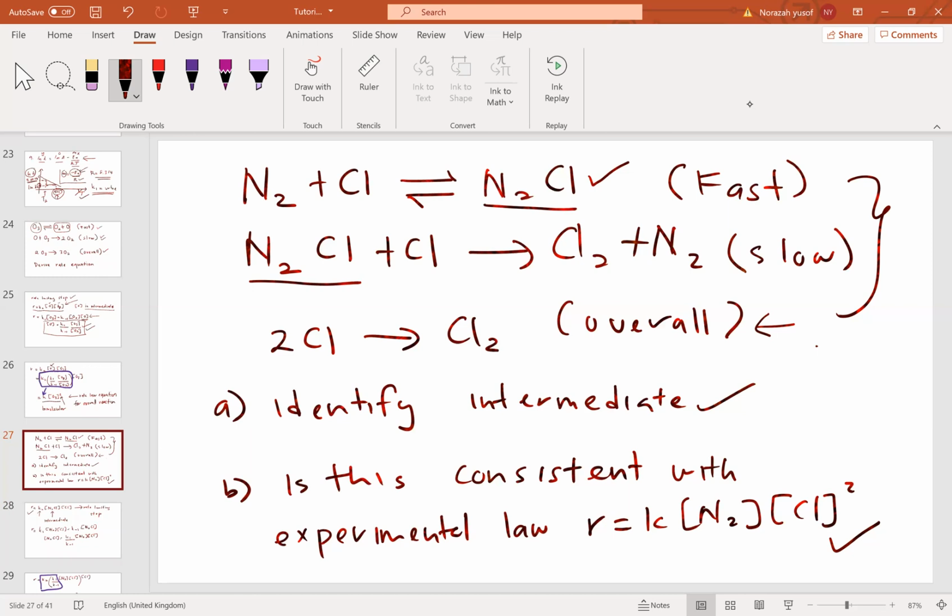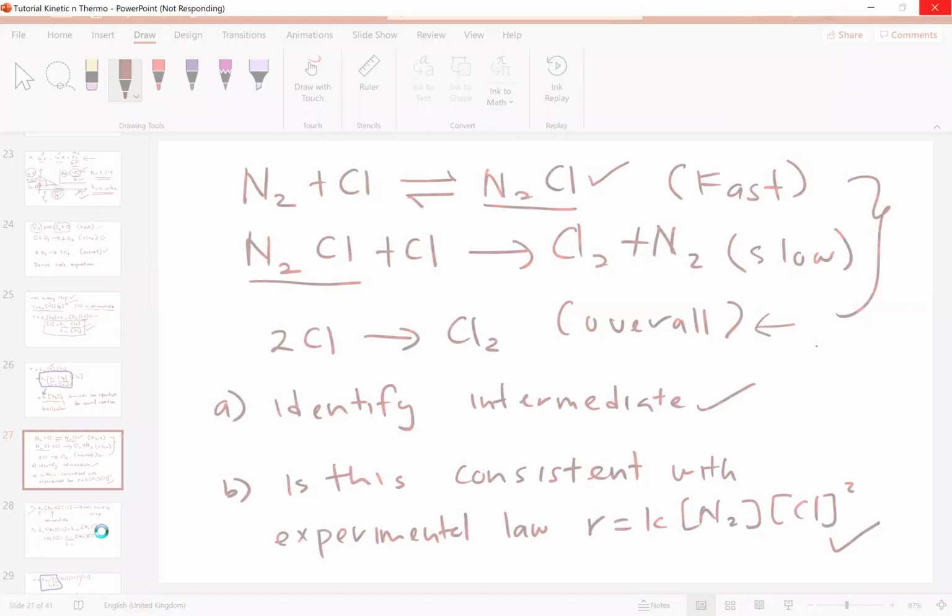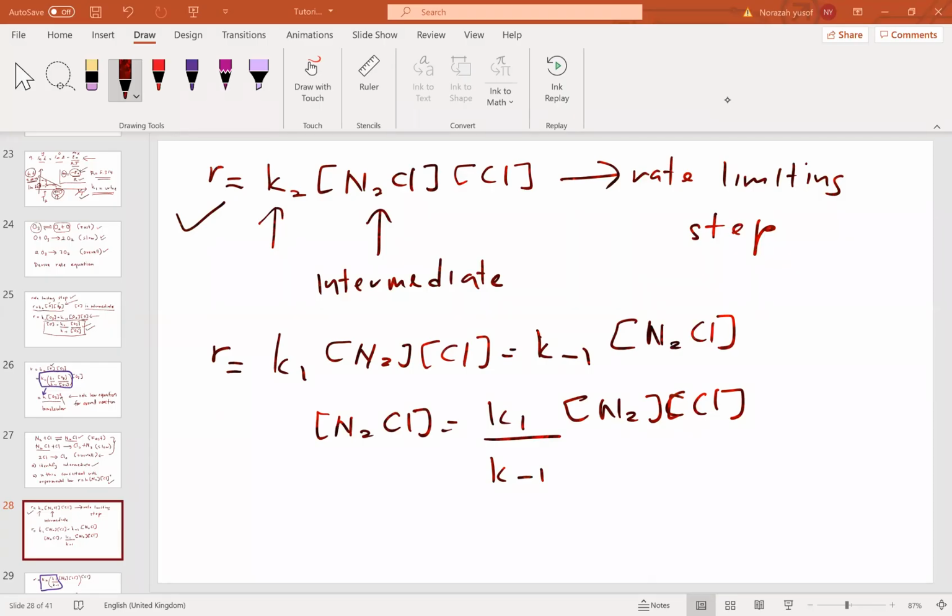Now we can see that there is an intermediate involved in the rate equation.